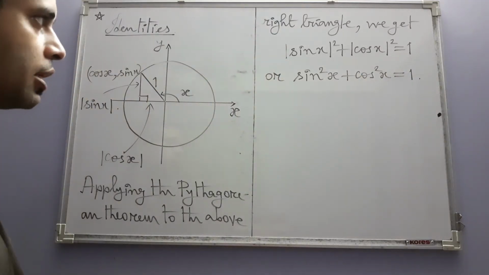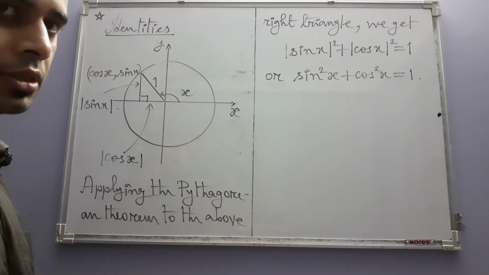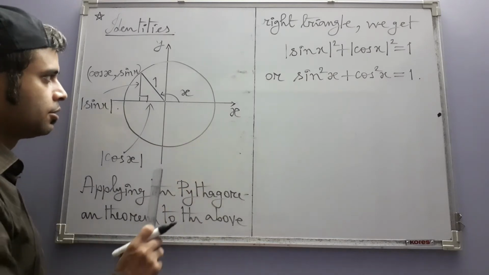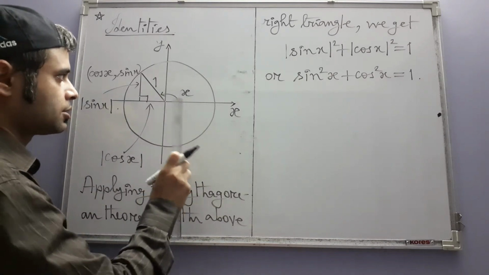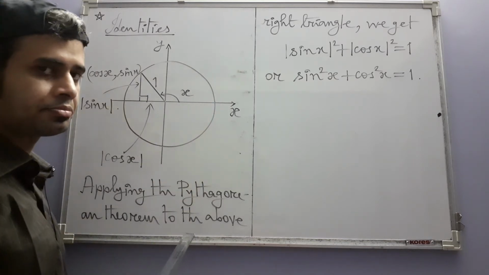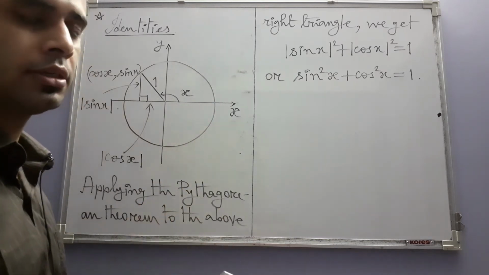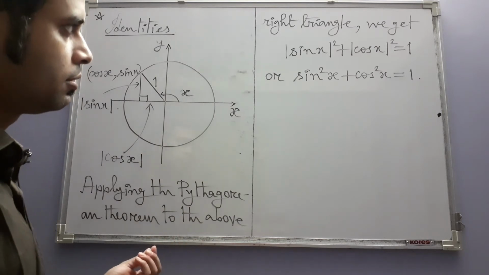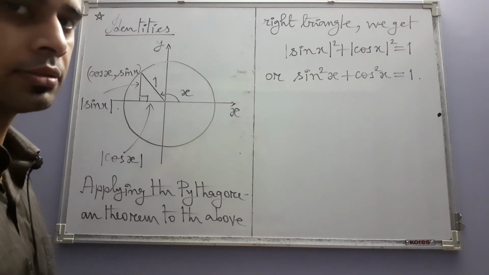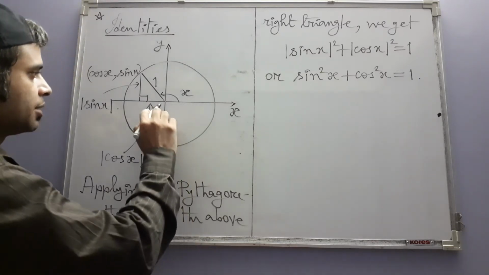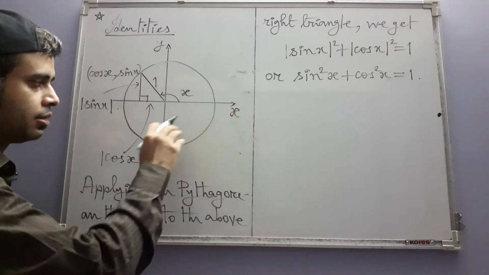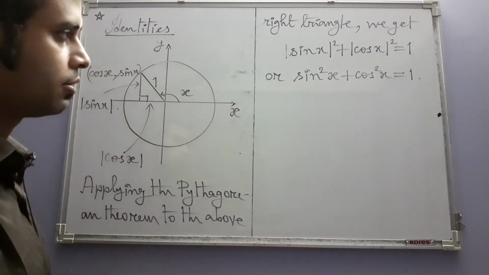So that's how you get this formula from the Pythagorean theorem, and it does not matter what x is. No matter where this terminal line ultimately falls, this relation is always true for any real number x. You can convince yourself by taking different values of x and seeing whether you really get this.